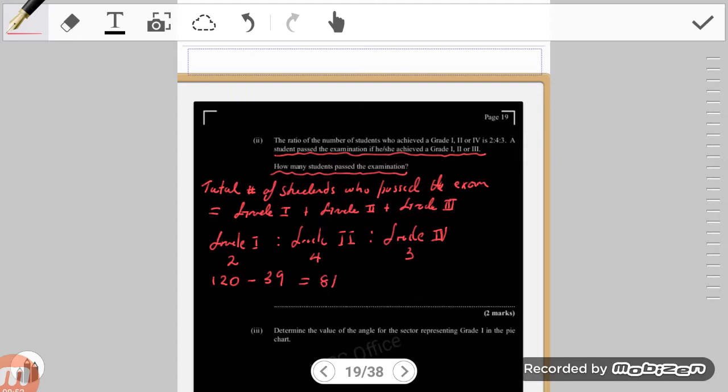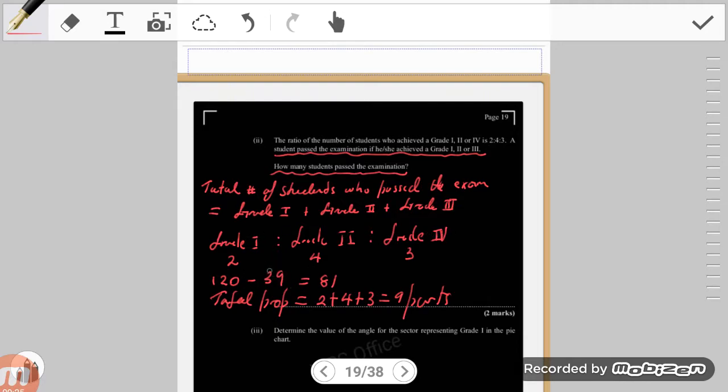So therefore the total proportion is equal to 2 plus 4 plus 3, and that's equal to 9 parts. And that is the ratio that represents the amount of students for grades 1, 2, and 4.